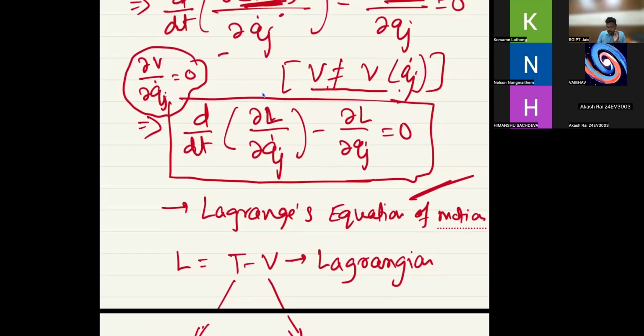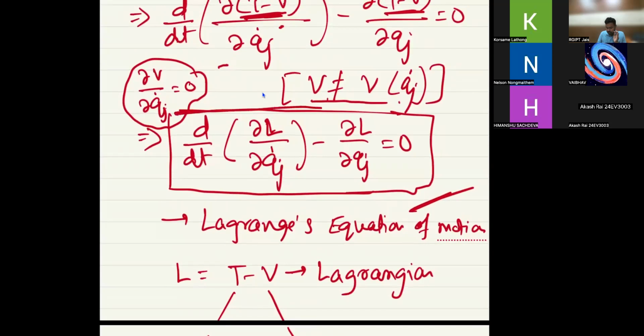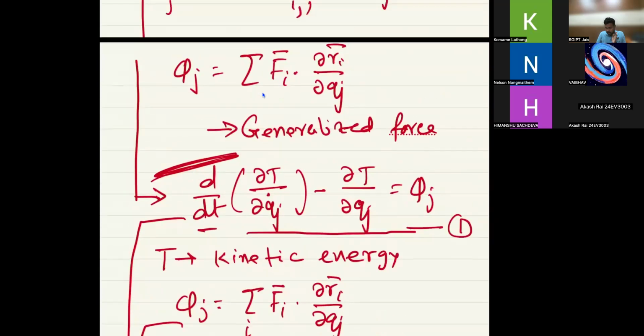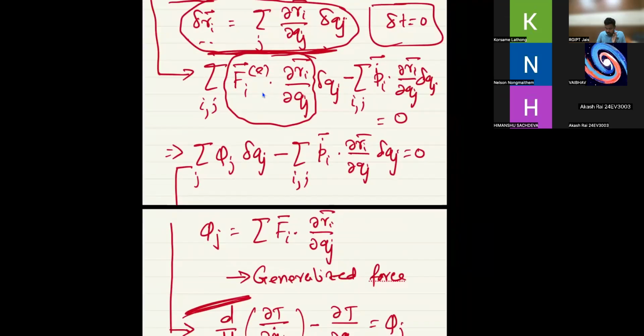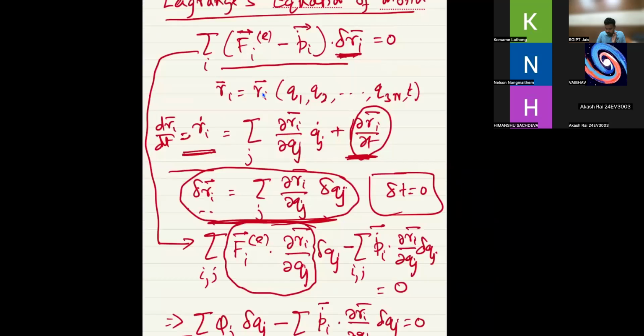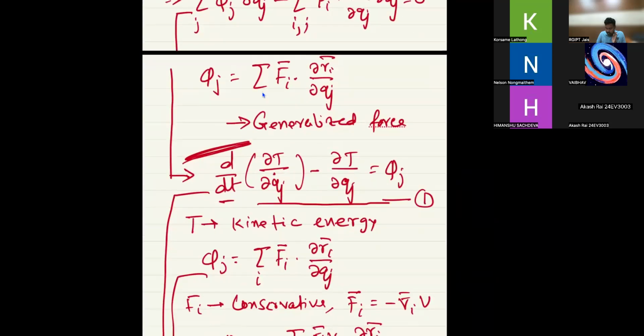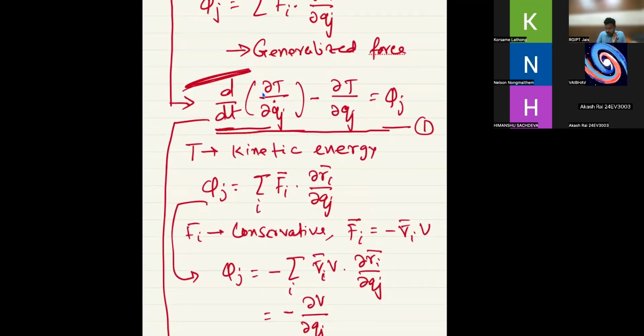But this expression you should absolutely remember. This expression of Lagrange's equation of motion: d dt of del L del Qj dot minus del L del Qj is equal to 0. This is also one form of Lagrange's equation of motion. Where I wrote this del T form, this equation 1, is also one form.